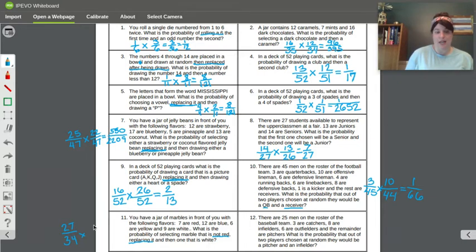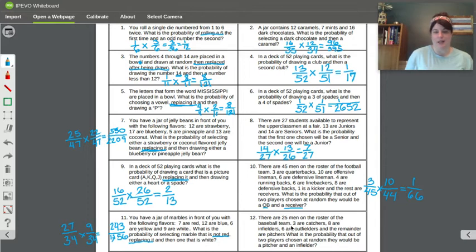Well, there are 9 white ones out of still 34 since we replaced that one. So this gives us a probability of 243 over 1,156. Kind of a big fraction.